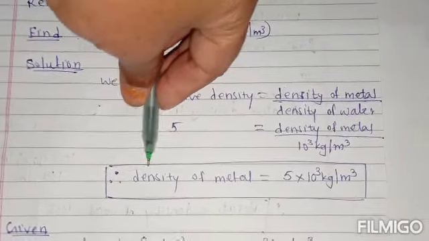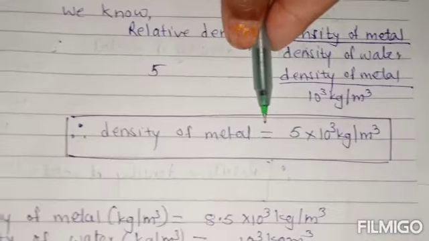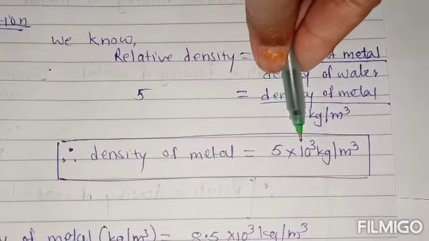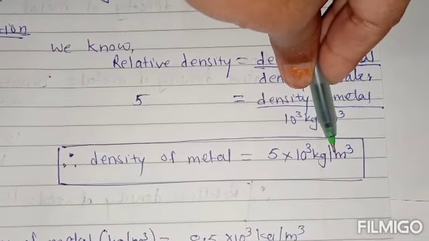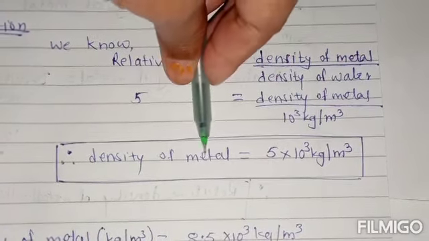So therefore, density of metal is equal to 5 into 10 raised to 3 kg per cubic meter. That is the answer for density of metal.